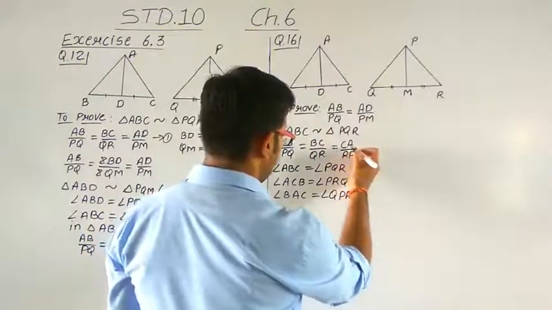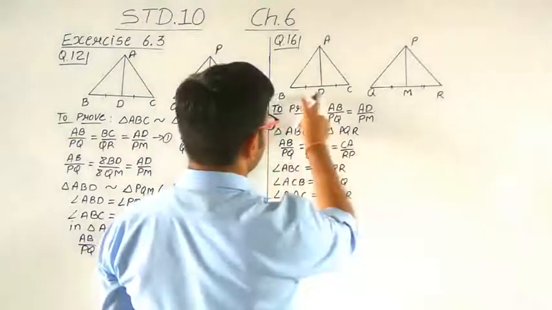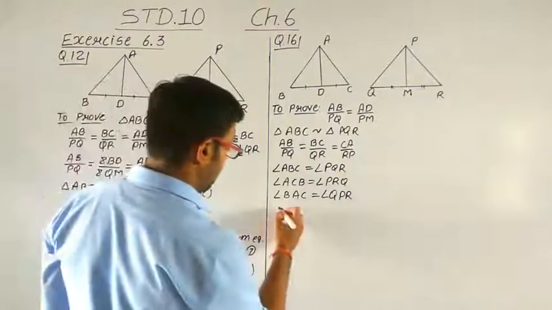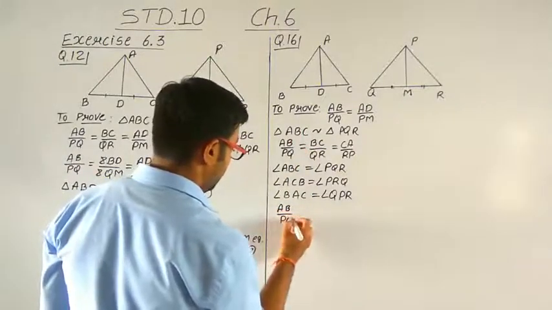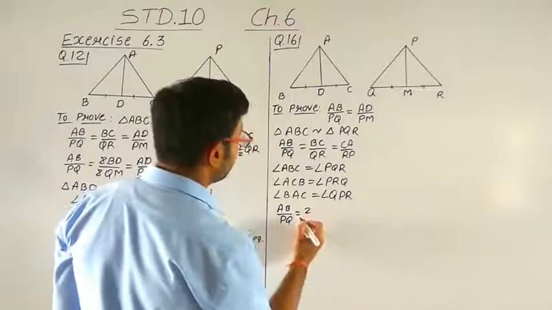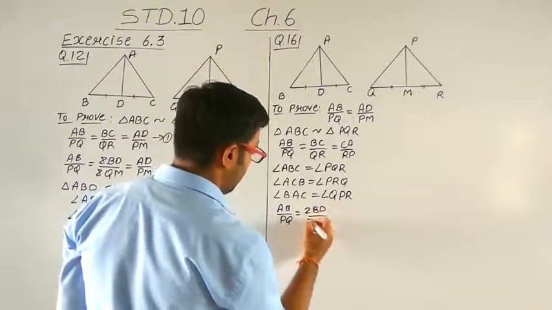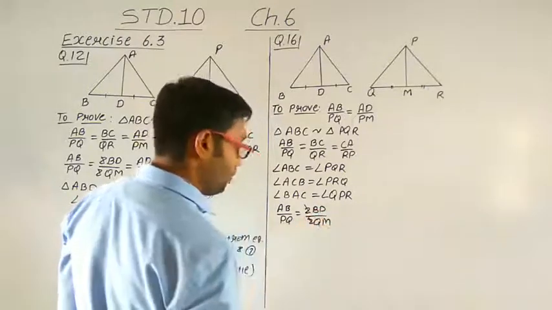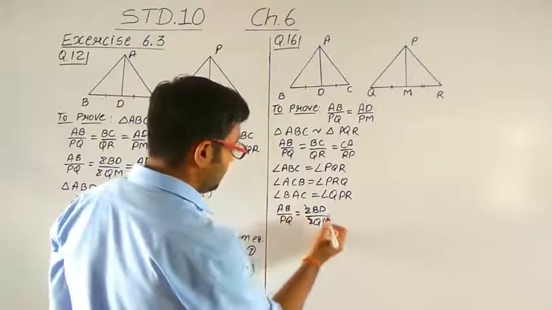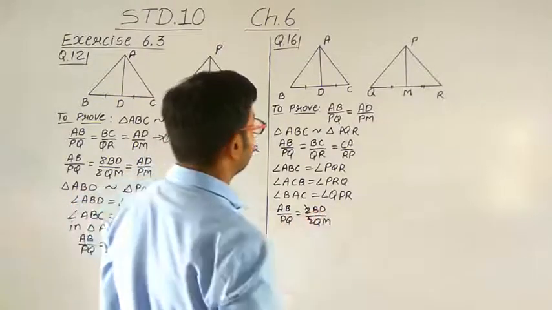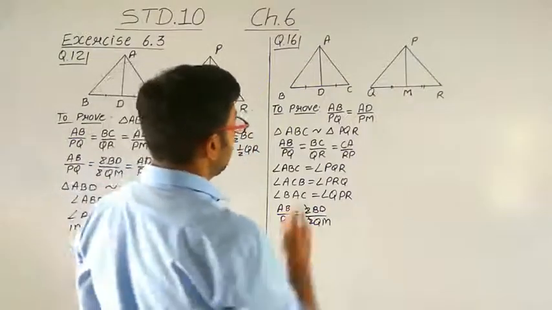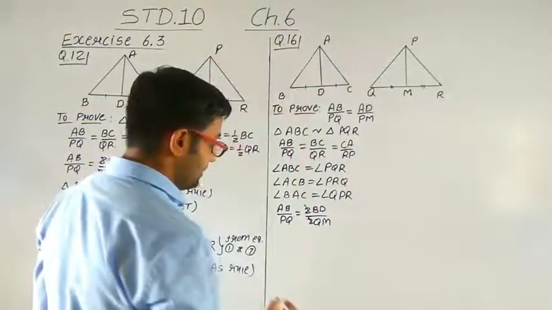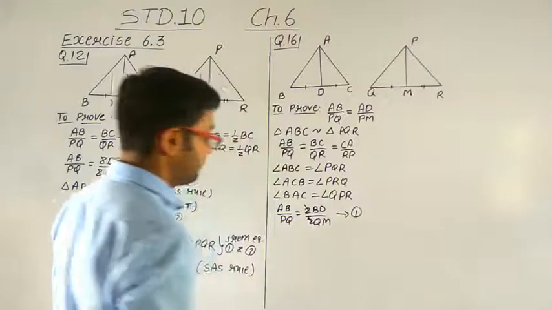So in this condition, instead of BC, we can write 2 into BD. So we can write that AB upon PQ is equal to 2BD upon 2QM. When this 2 and 2 cancel out each other, what remains is AB upon PQ is equal to BD upon QM. This is the first condition we have to consider.